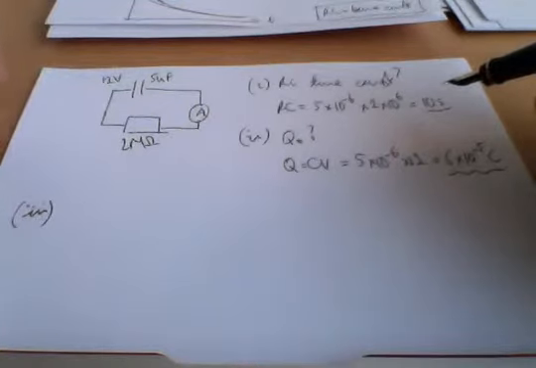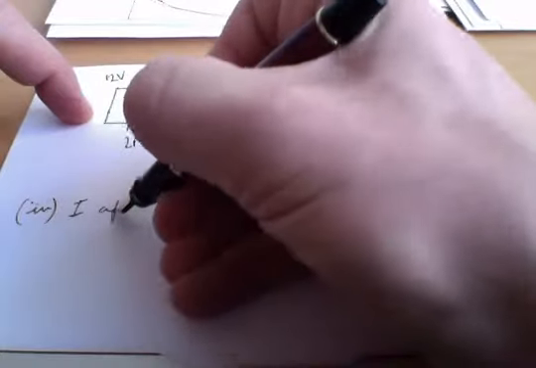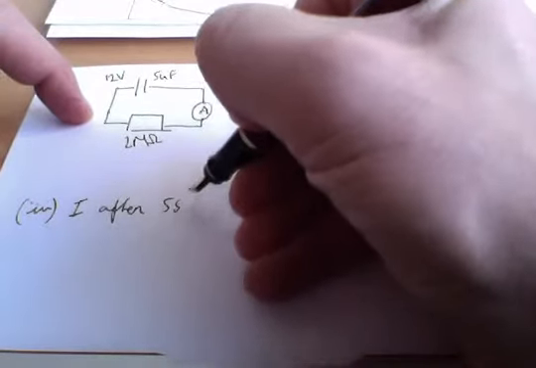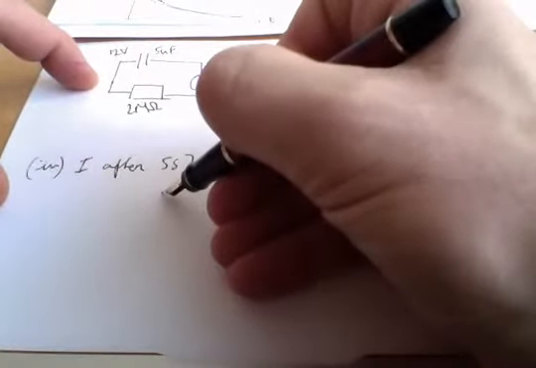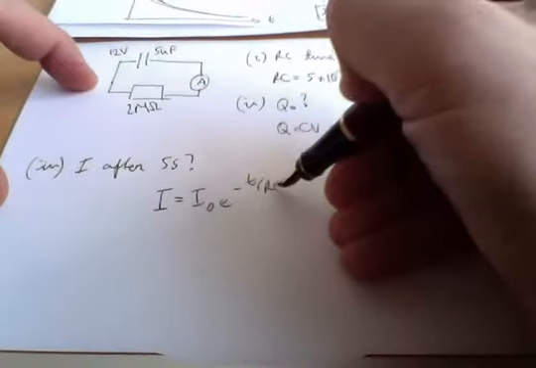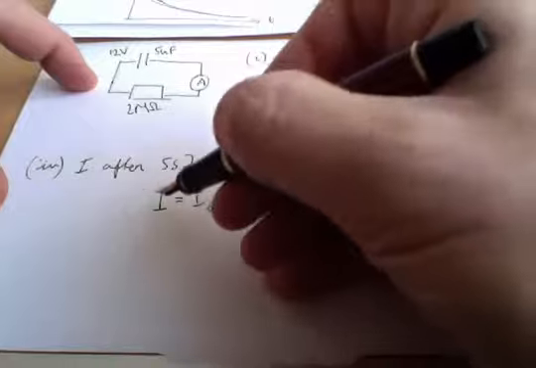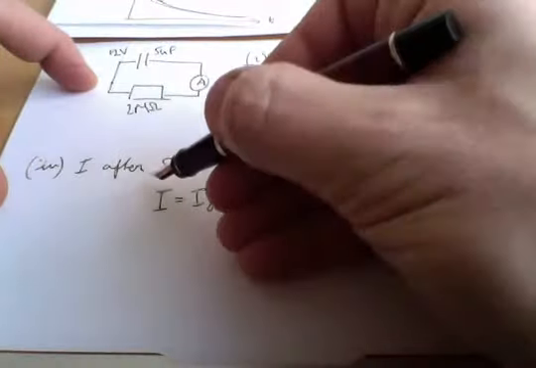So let's ask another thing: how much current will be flowing after 5 seconds? Okay, well, we're going to make use of this idea. I is I naught e to the minus t over RC. Remember, I can replace the Q's and the V's, and the Q naughts and the V naughts and the I naughts and the I's quite happily interchange them.